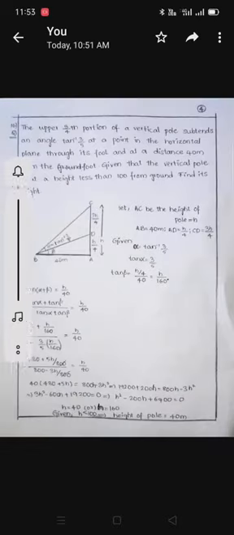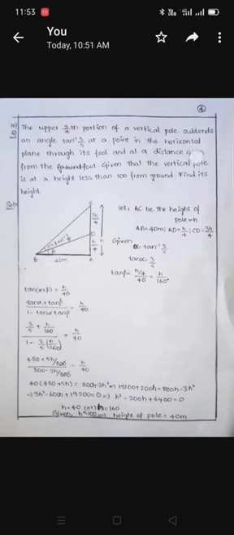One more problem. The upper 3 by 4th partition of a vertical pole subtends an angle tan inverse 3 by 5 at a point in the horizontal plane through its foot and at a distance of 40 meters from the foot.